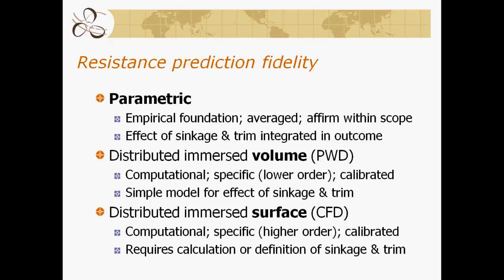Now, a parametric prediction has an empirical foundation, such as a systematic series, like the Series 60, or a random data method, such as the very well-known Holtrop method. Now, these represent averaged results, or smoothed results, let's say. And you want to affirm that the empirical data of the hull form under study is within the scope of the method.